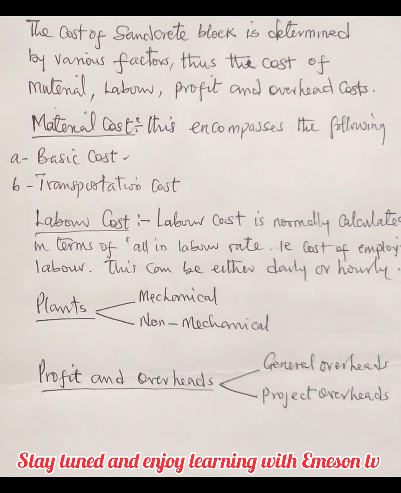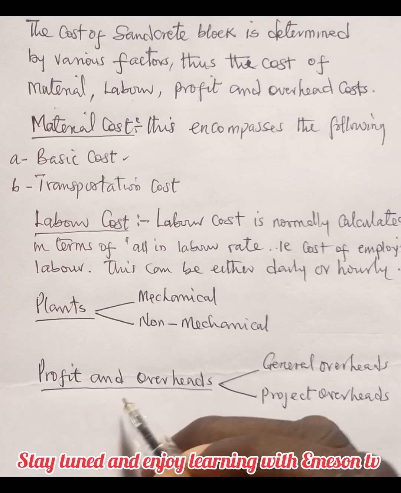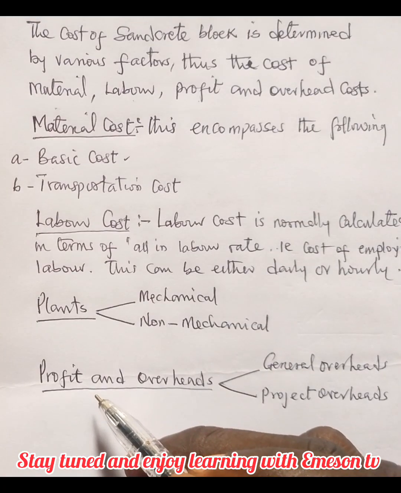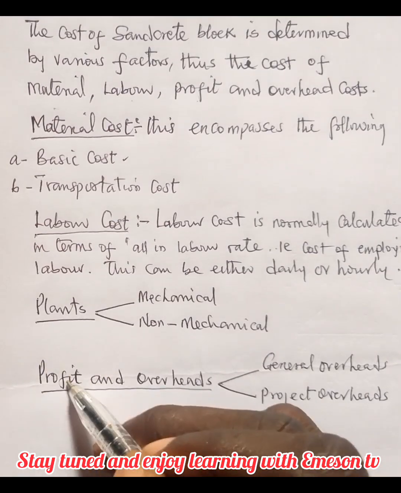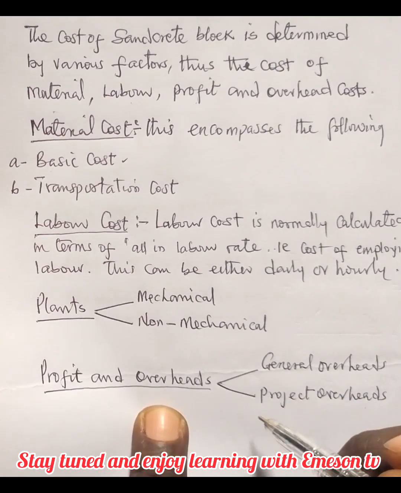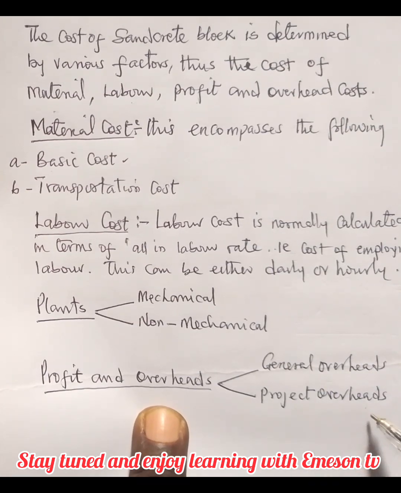Then the next thing you have to consider while building your unit rate is profit and overheads. Profit and overhead, because the contractor who is going to organize this labor and material to execute this work has to make some profit at the end of the job. You have to consider his profit. Overhead comes in two forms: general overhead and project overhead.